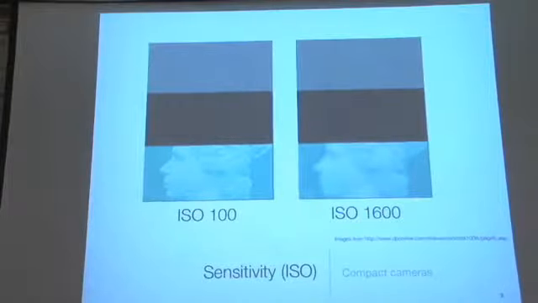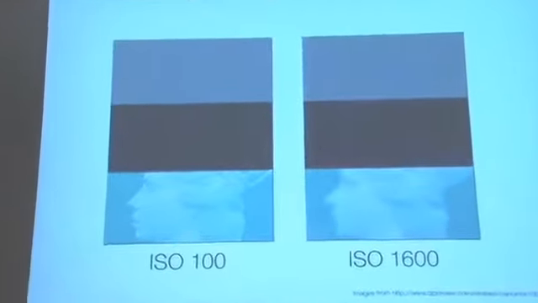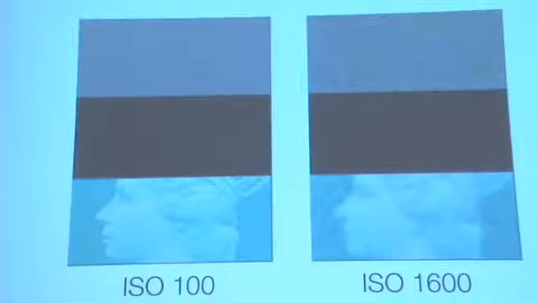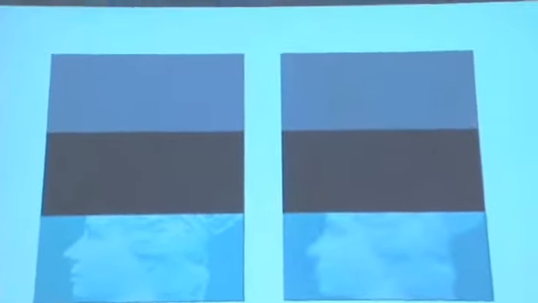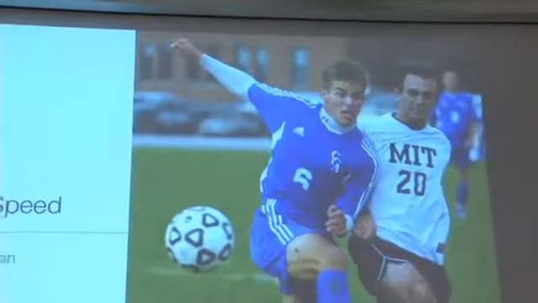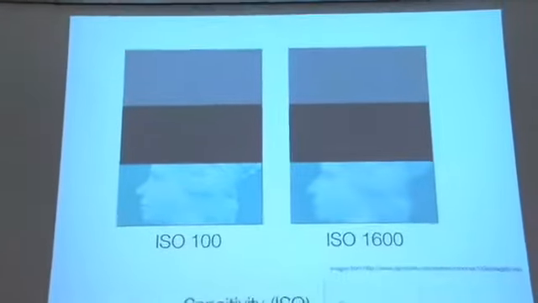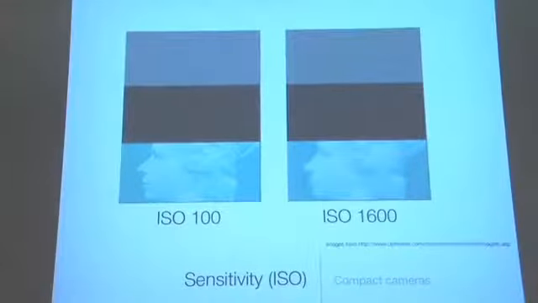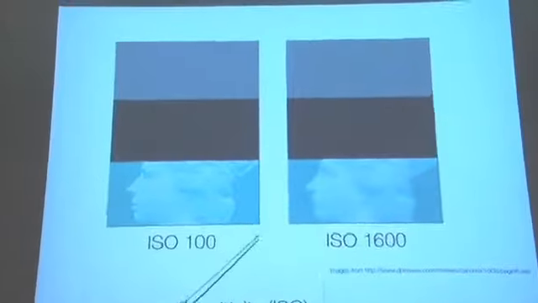And by increasing the sensitivity, you could get back an increase in shutter speed. So you could get a little bit of graininess in your image at the cost of being able to freeze motion a little bit better, or vice versa. If you wanted to introduce a little bit more motion blur, you could potentially get a cleaner image. Because as you remember, the downside to increasing the ISO in pretty much any camera is that you get additional levels of noise or splotchiness, and it depends on how your camera reacts to high ISO images.